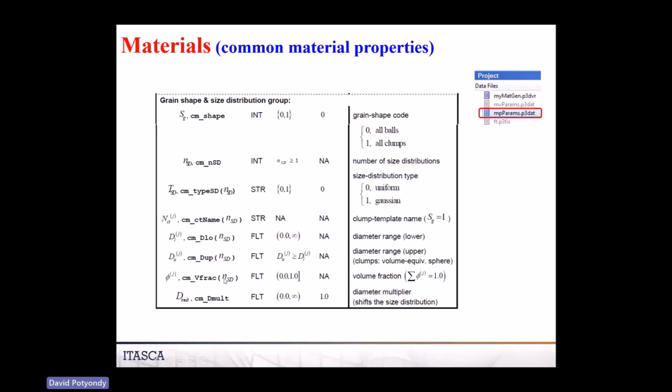There's also a parameter in here called the diameter multiplier. These other things are defining a size distribution, and this will just uniformly multiply all the grains by the same factor. So what this is effectively going to do is shift the size distribution bigger or smaller. That way you can give a size distribution and you don't have to change all these upper and lower values.